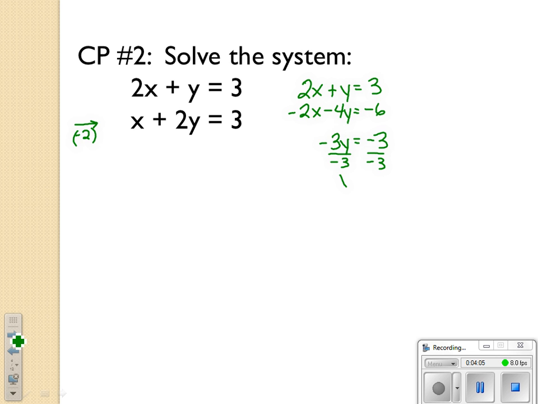Divide by negative 3, and y is equal to 1. Now I can substitute in. Either line, doesn't matter. I'm just going to go with the top one. Plug my 1 in for my y, and solve. So the solution to it, 1, 1.